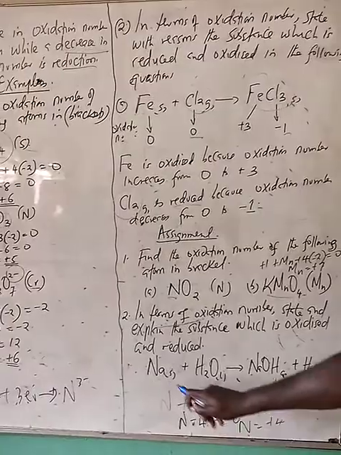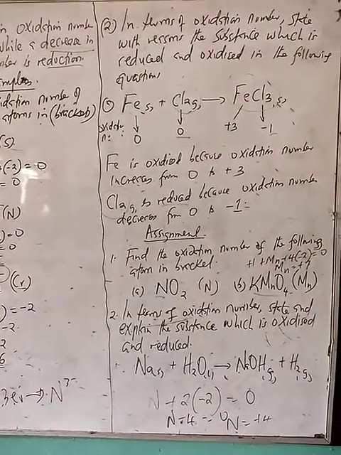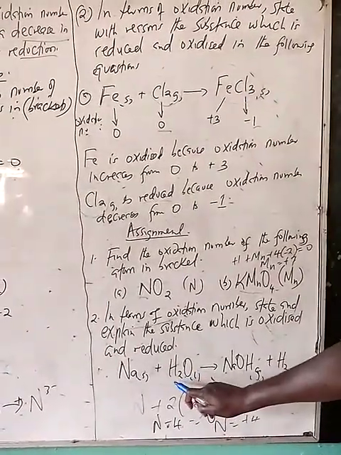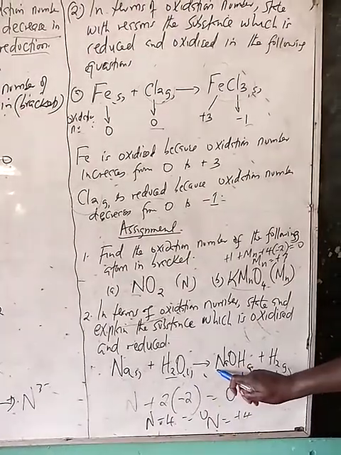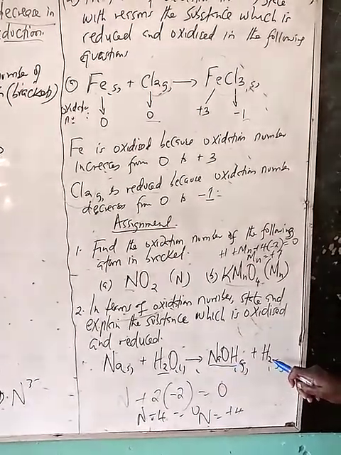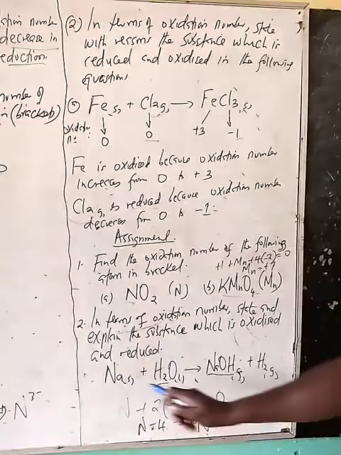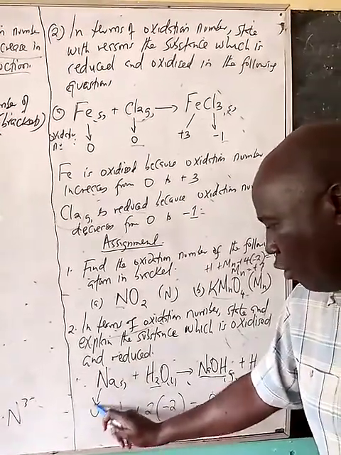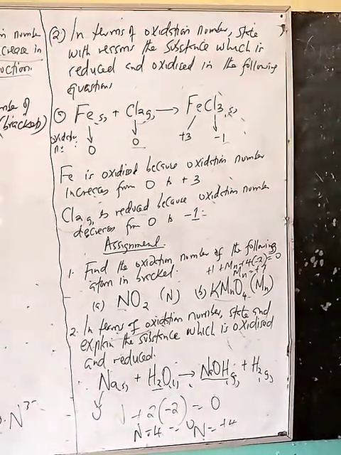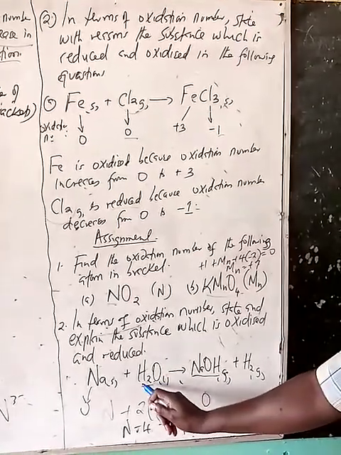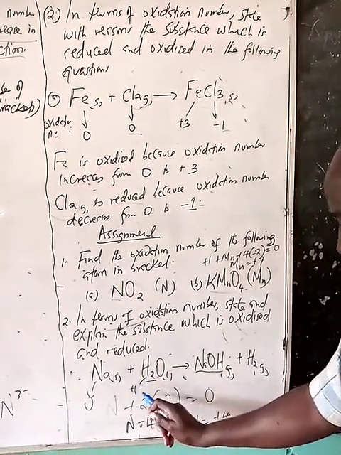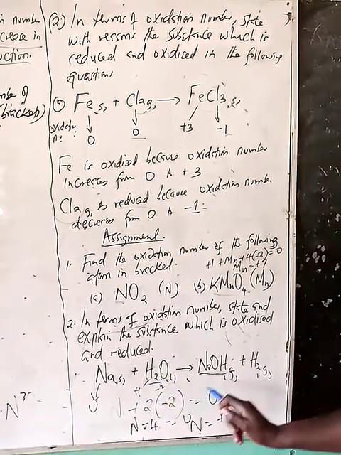I want you to try sodium reacting with water, giving us sodium hydroxide plus hydrogen. But I told you earlier that sodium, because it's not charged, has an oxidation number equal to 0. Here hydrogen will be positive 1, oxygen here will be negative 2.